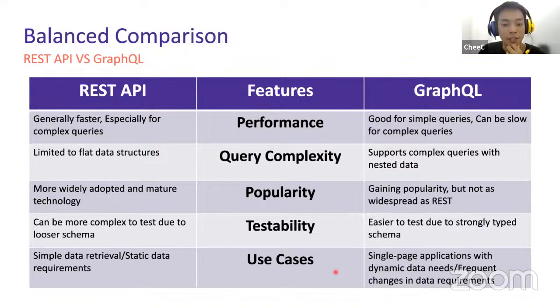For the use case, REST API can be used for very complex data requirements and also simple ones. For GraphQL, it suits dynamic data needs, and for simple data, it will be better using GraphQL. Yeah, that's it.